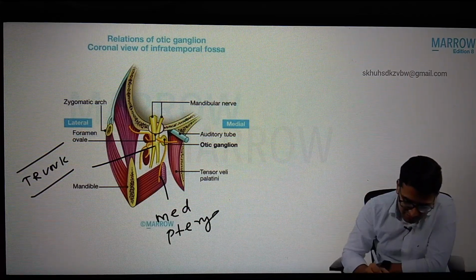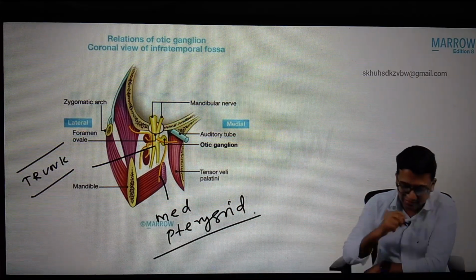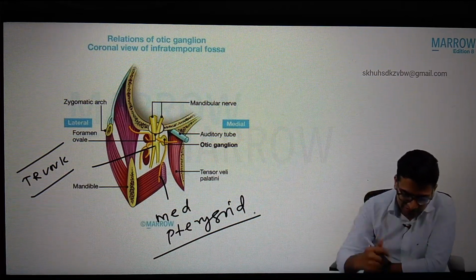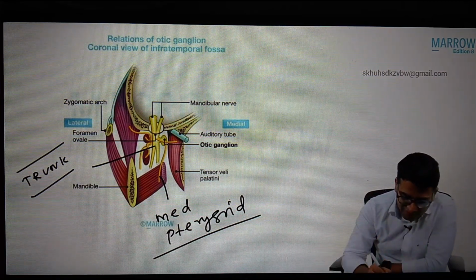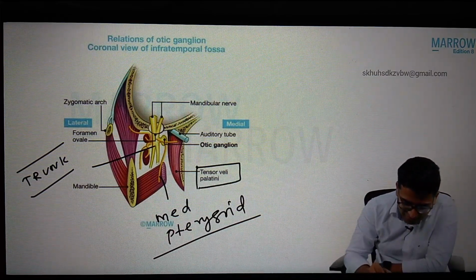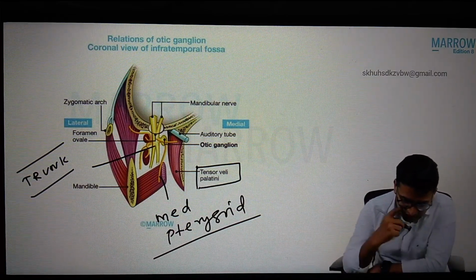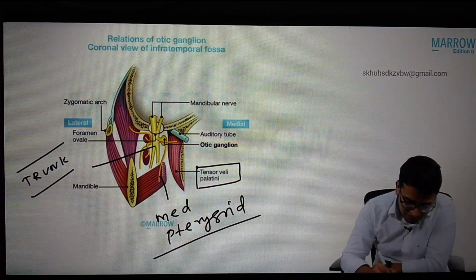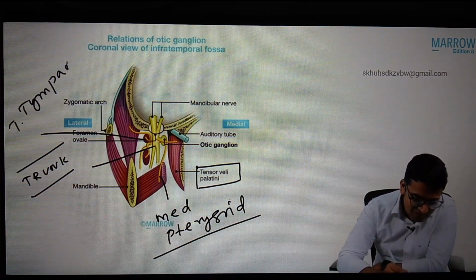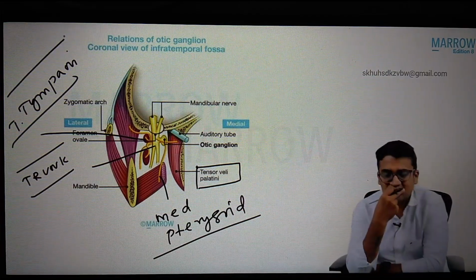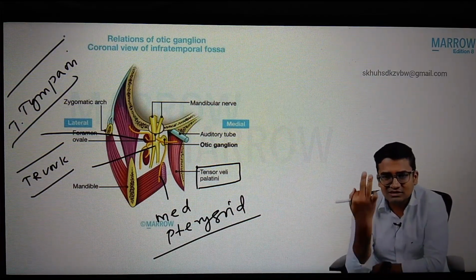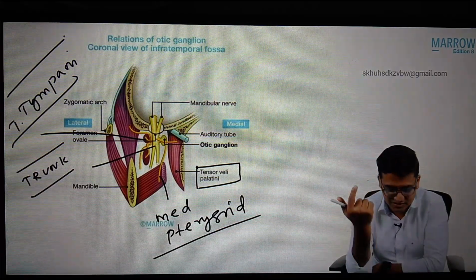After supplying the medial pterygoid muscle, the fibers go to the otic ganglion without any relay, supply tensor palatini muscle, and also give a branch to tensor tympani muscle. Tensor tympani is a middle ear muscle. So the nerve to medial pterygoid supplies three muscles: medial pterygoid, tensor palatini, and tensor tympani.